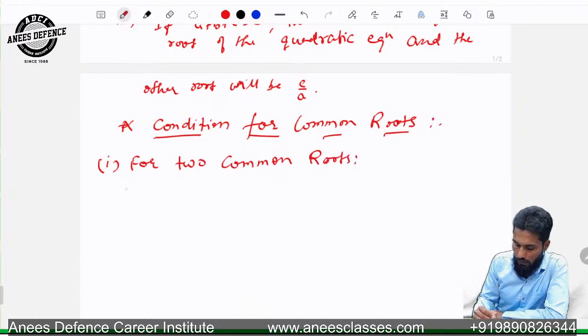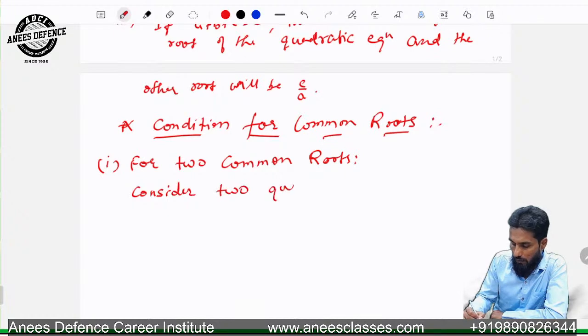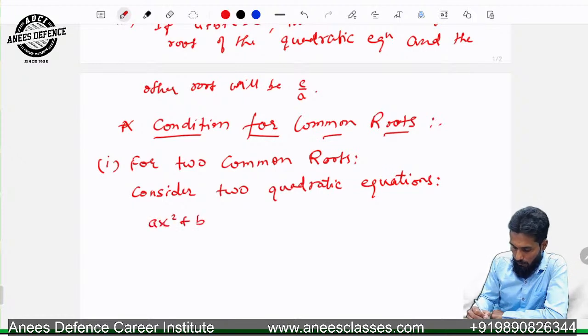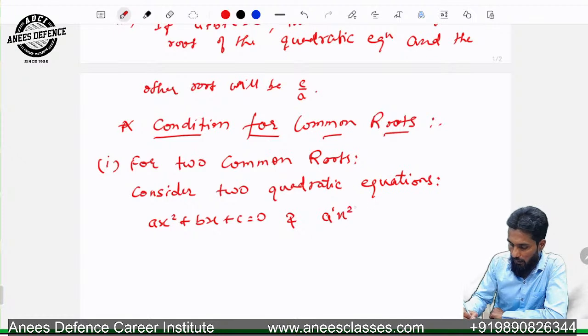First we need to consider two quadratic equations, like ax square plus bx plus c equal to 0, and the second quadratic equation as a dash x square plus b dash x plus c dash equal to 0.